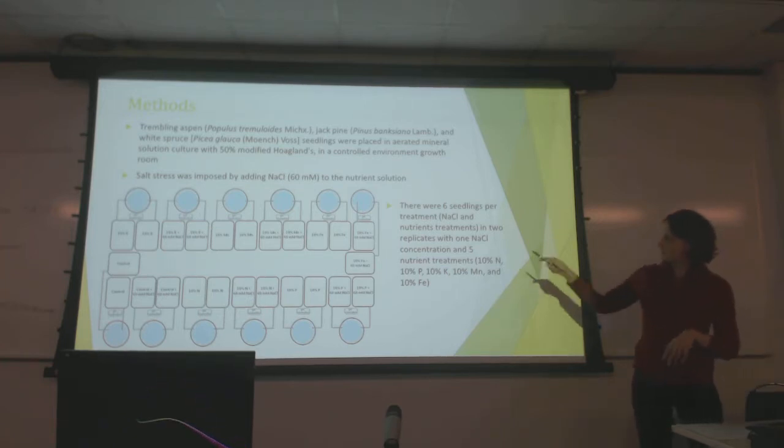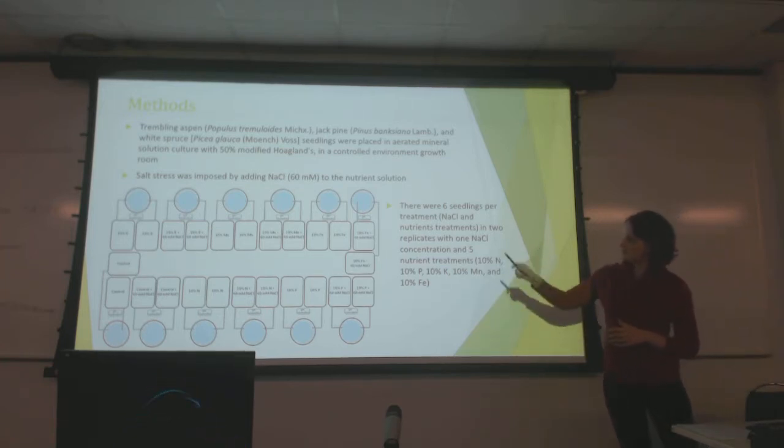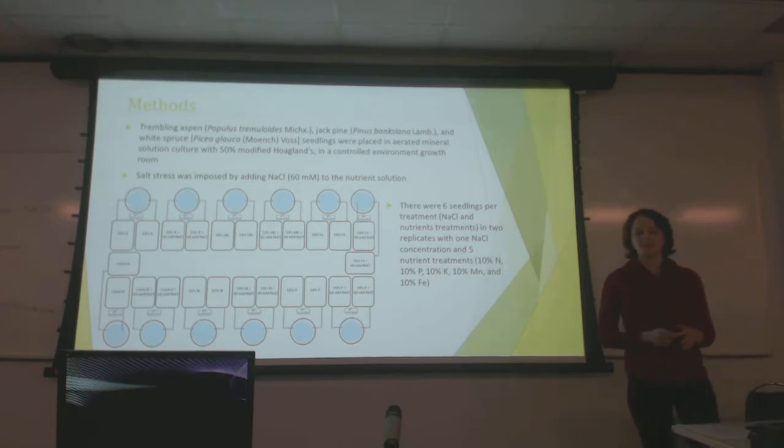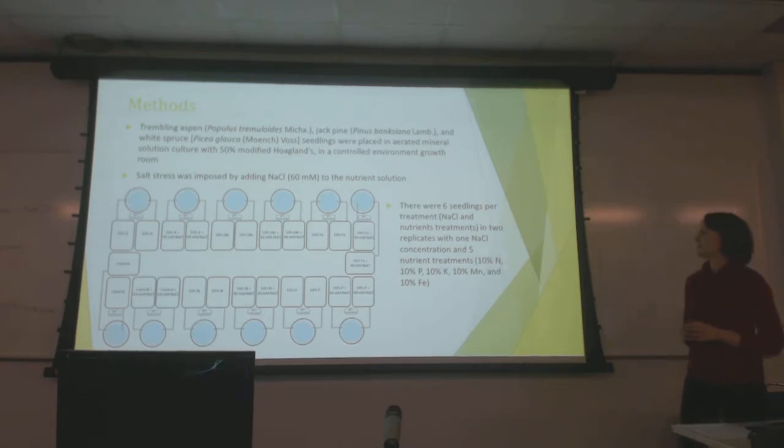We can see a draft of the grow chamber, the treatments, and the replicates here. The treatments were six seedlings per treatment and 2 replicates, with 1 concentration of sodium chloride and 5 nutrient treatments, adding 10% of the nutrients: nitrogen, phosphorus, potassium, manganese, and iron.